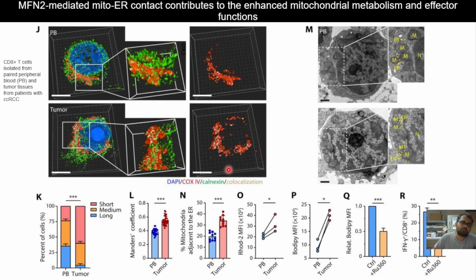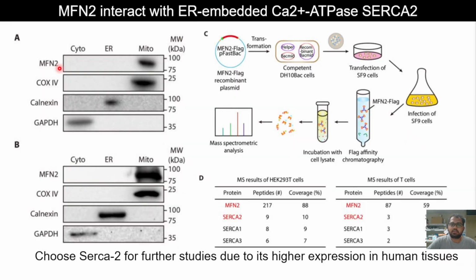Here also they used CD8 T cells isolated from peripheral blood and tumor tissues of renal cell carcinoma. They wanted to know what are the partners of this MFN2 protein.